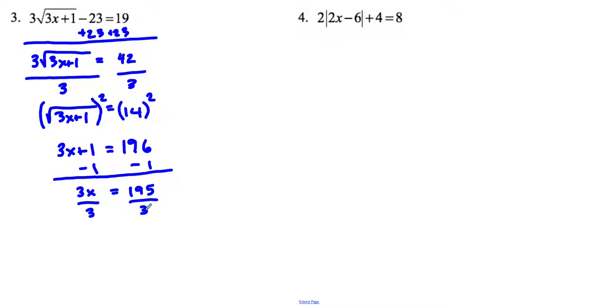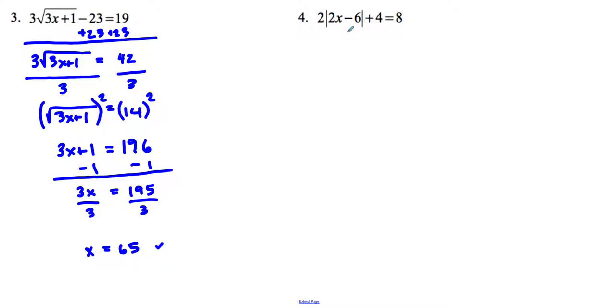And 3 should go into 195. X will then equal, 3 goes into 180 60 times, so we got 5 more, so 65 should be our answer. If you're not sure if that's right, plug it in and check it. I know it's right, so I'm going to move on.